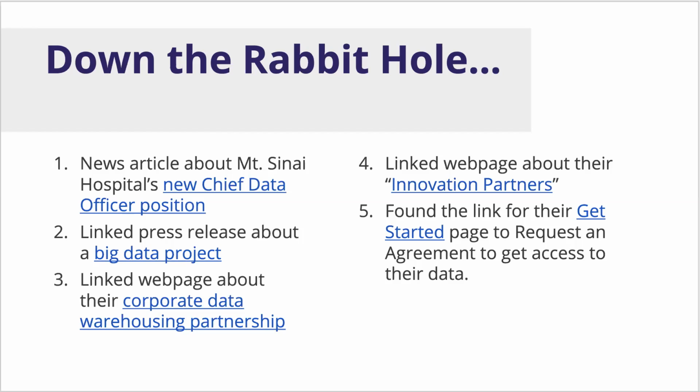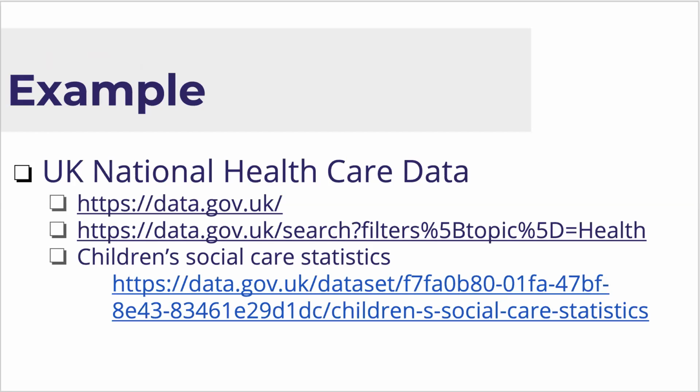So this is how I found one set of data. One of the largest hospital systems in the country has lots of their data available through this company through a website where you can request access to parts of that data. There are also, if you're working on data improvement initiatives or just doing general research on things, large government repositories.